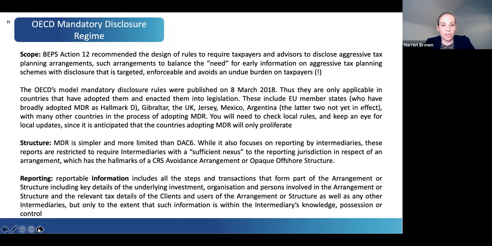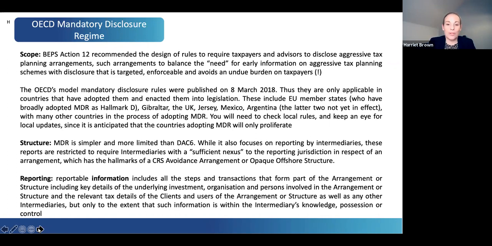So fortunately for me, to a certain extent, Grahame, by talking to you about the DAC6 Hallmark D, has already talked to you about the MDR, because the MDR was the OECD's global response to the recommendation in BEPS Action 12 for the design of rules to require taxpayers and advisors to disclose aggressive tax planning arrangements.